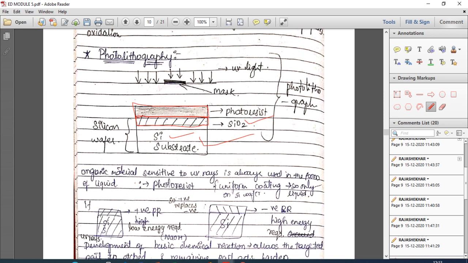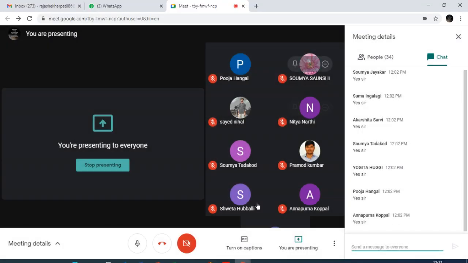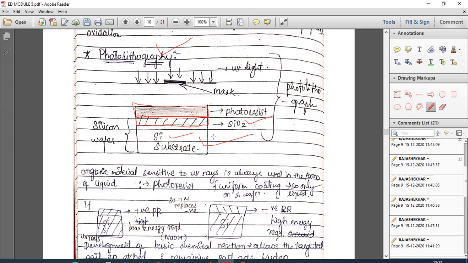Whereas the negative photoresist has an opposite polarity pattern, so it requires a high amount of energy to process. Therefore, in photolithography, we always choose a positive photoresist, which requires very little energy for the process.